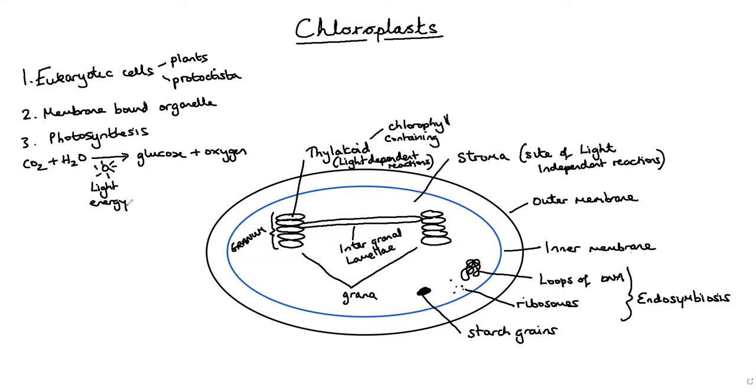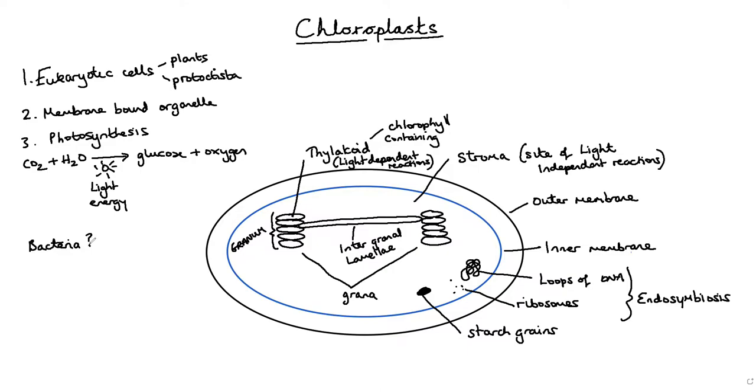So plants carry out this reaction. That is where they get their glucose from. Some Protoctista also carry out this reaction. Now, some bacteria do too. But we said that bacteria don't have any membrane-bound organelles. They definitely don't have chloroplasts.